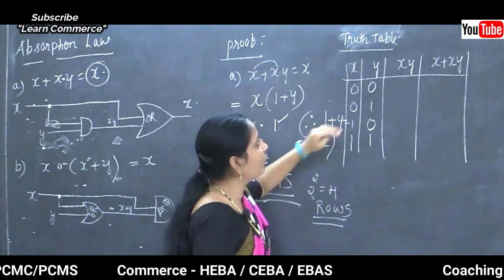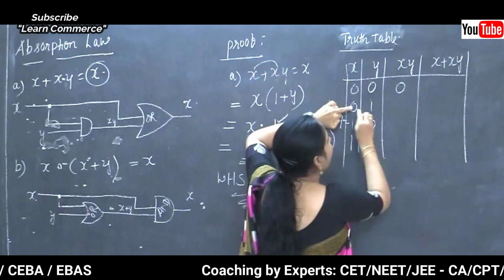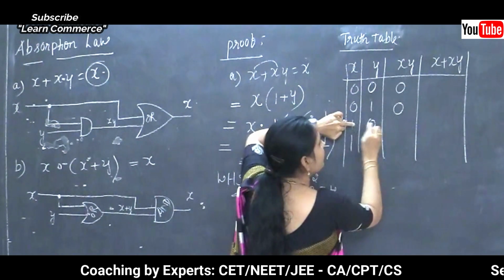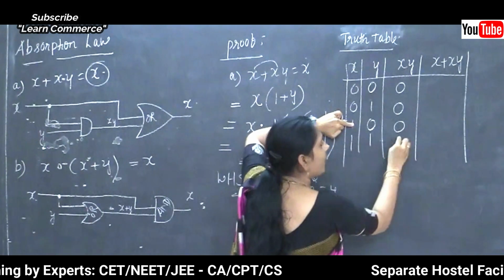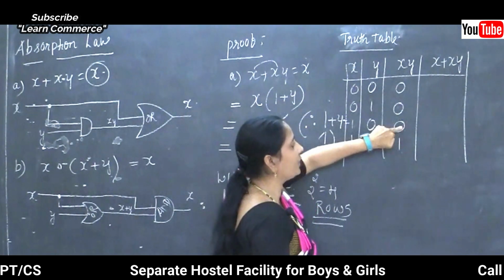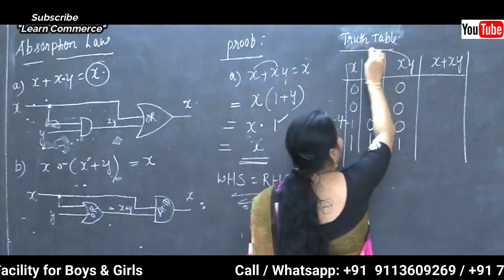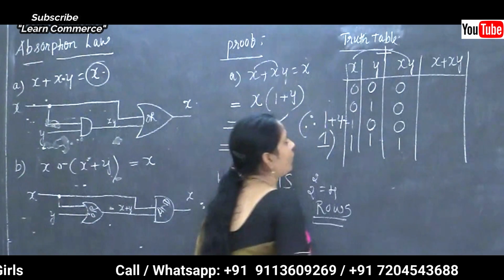Now the x and y values we are going to multiply: 0 zeros are 0, 0 ones are 0, 1 zeros are 0, 1 ones are 1. So the result is 0 0 0 1 here. Now whatever the value is there for xy, I am going to add with the x column.